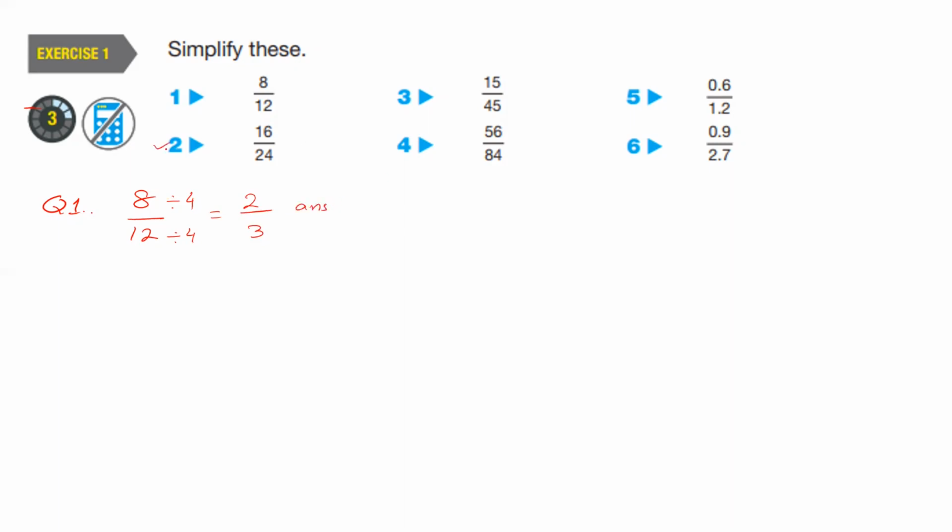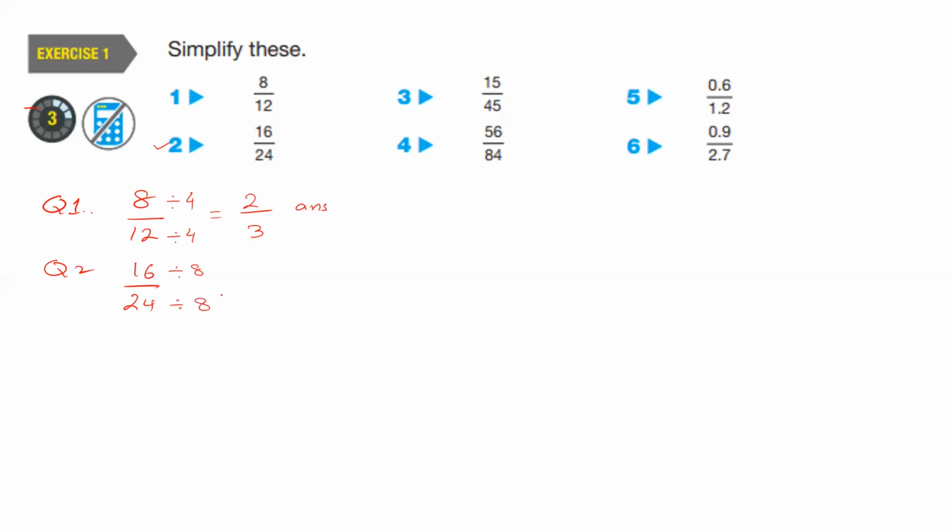Now we go for question 2. This is 16/24. Again we find the highest common factor of 16 and 24. Think of 8. If I divide 16 by 8, can we divide 24 by 8?